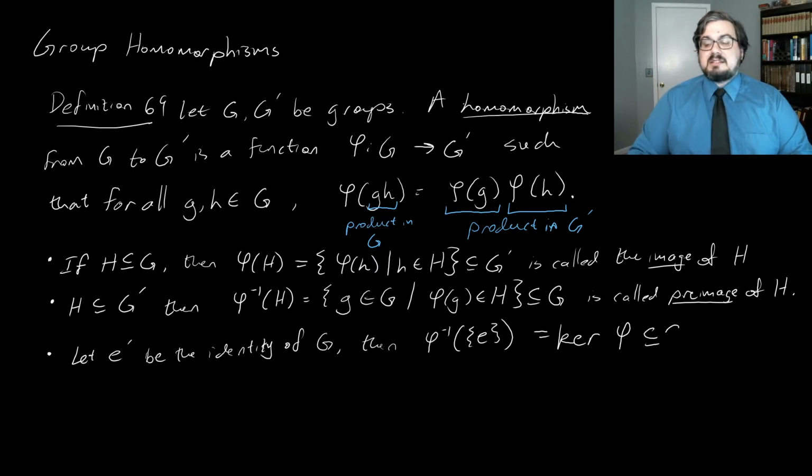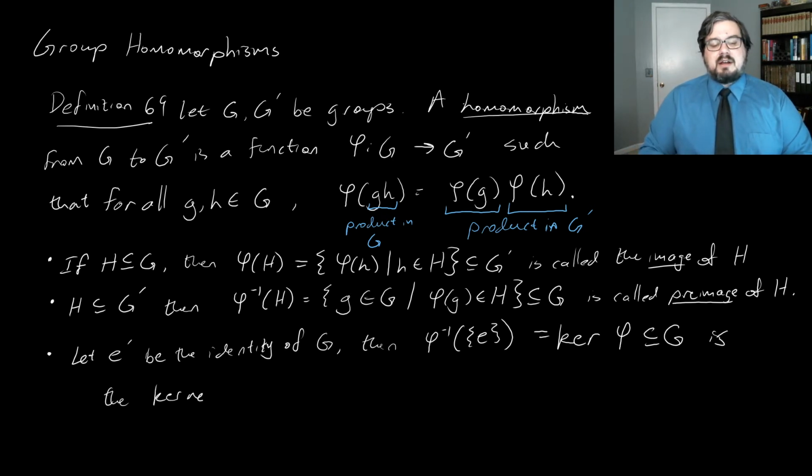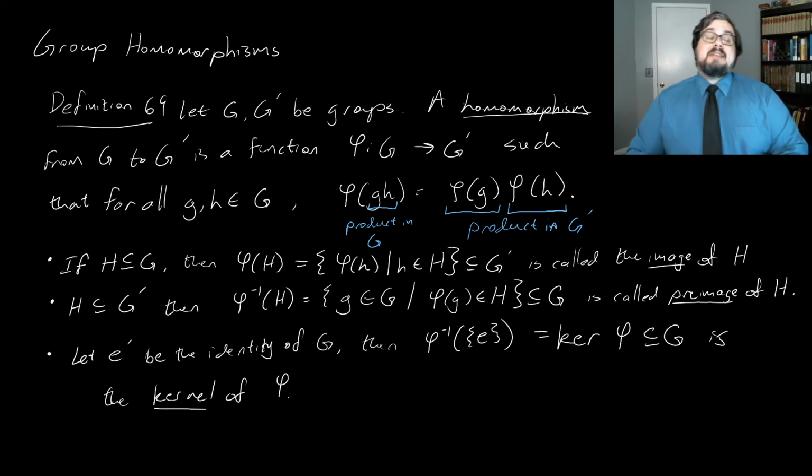And of course, it's a subset of G, and this is the kernel of phi. It turns out that the kernel of a homomorphism is an extremely important set. It's the set of all elements of G that get mapped to the identity in the target group G prime.